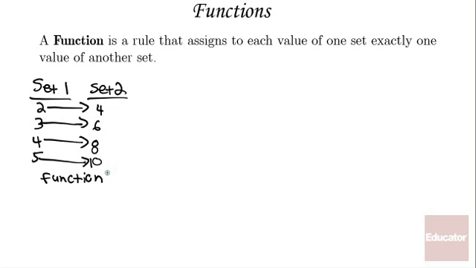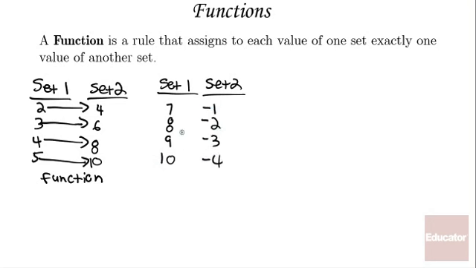The important thing is that members of the first set correspond to only one value from the second set. If they correspond to more than one value, it is not a function. Let's take two other sets, set 1 and set 2. 7, 8, 9, and 10, and -1, -2, -3, -4. If I have 7 corresponding to -1, I'm okay so far, and 8 corresponds to -2.